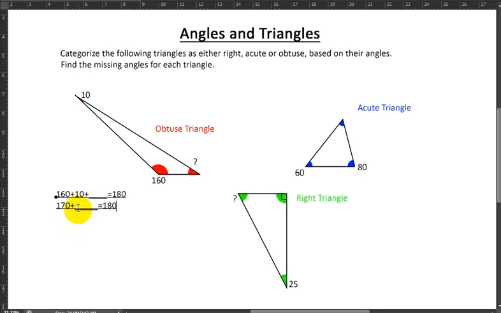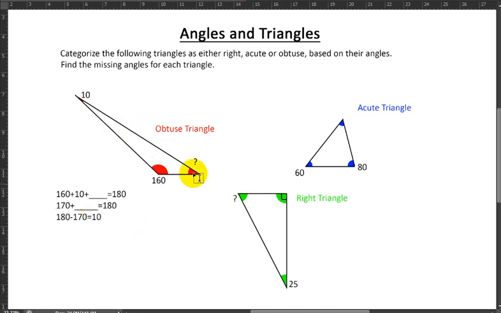So 170 plus what makes 180? To find that, I need to find the difference between 170 and 180. So I need to do 180 minus 170 to find what the value of this angle is. So, for example, here, if I do this subtraction, what I get is 10 degrees.